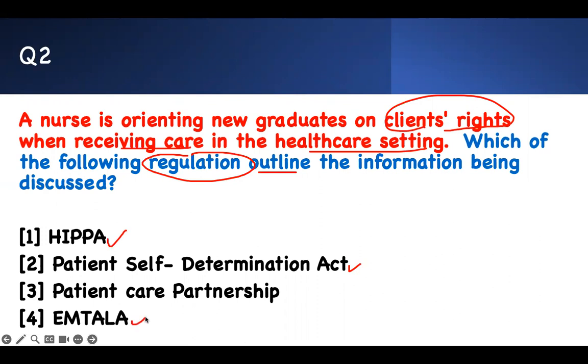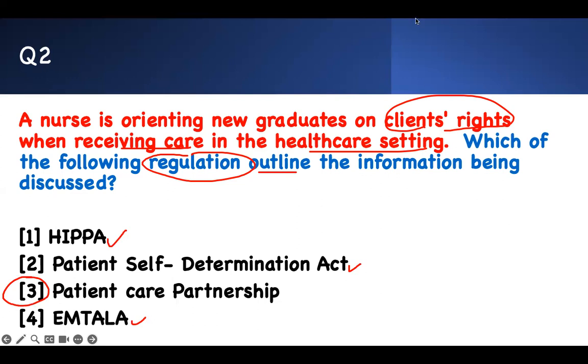The Emergency Medical Treatment and Active Labor Act deals with the fact that when you show up in the emergency room, even if you don't have insurance, we have to treat you. The Patient Care Partnership is the document they give to you. It outlines your rights while you're receiving care. So the patient who shows up in the hospital is designed to receive Patient Care Partnership information, which is all the documents regulating your rights when you're receiving care.